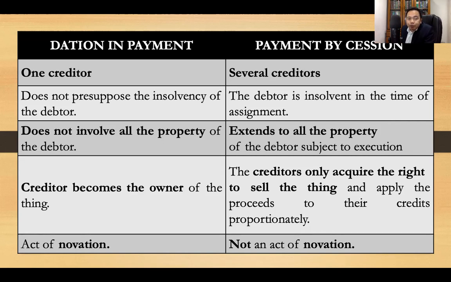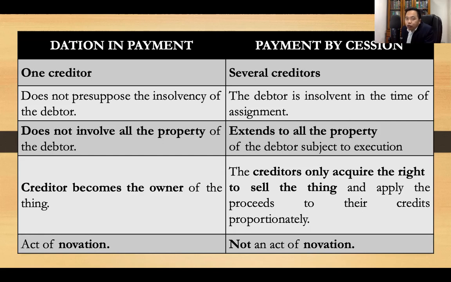Now, let us go to the extent of property to be assigned by the debtor. In dacion en pago, not all properties of the debtor will be assigned to the creditors. Again, not all. It can be one. It can be some, but not all.